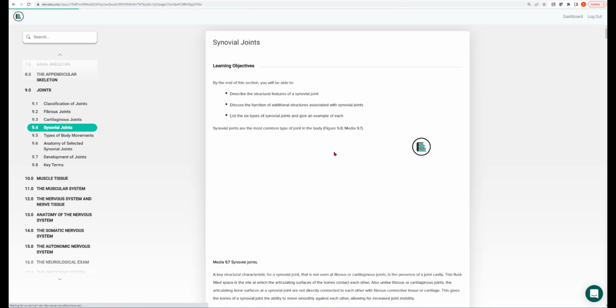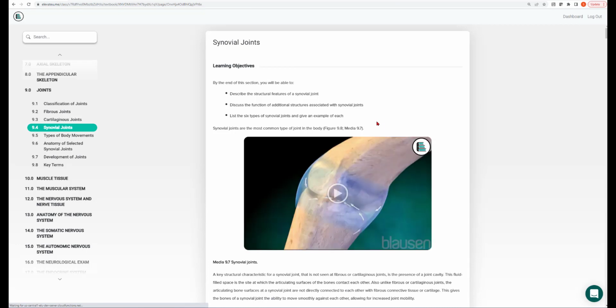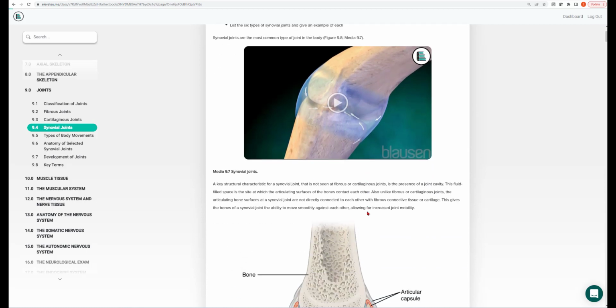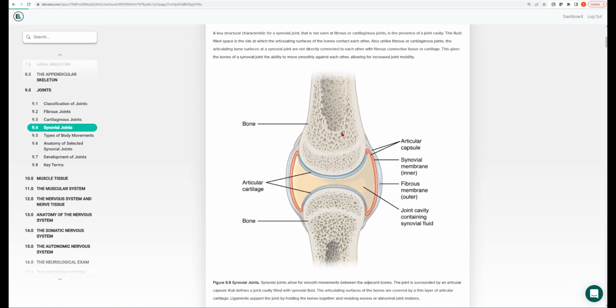And then finally we get to synovial joints. Again, these are the most common types. Synovial joints are going to have a synovial membrane around them that provide a fluid-filled sac. That synovial fluid is going to provide lubrication and nutrients to the cartilaginous structures of the joint. So this is a generic synovial joint.